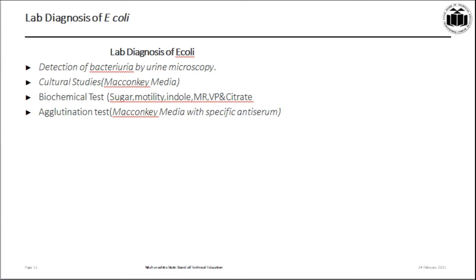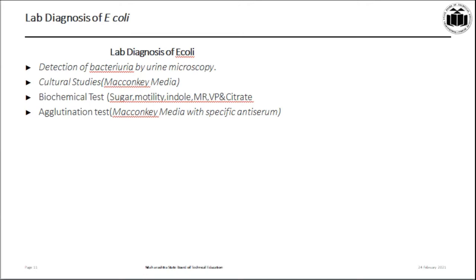You can directly go for gram staining, and if you observe a rod-like structure, purple bacteria with peritrichous flagella, we can directly say that the person is infected with the E. coli organism.